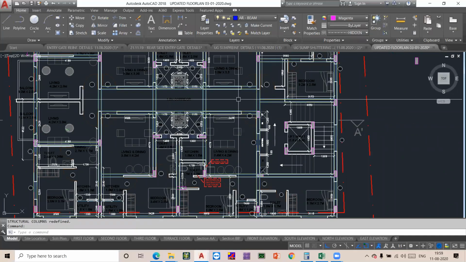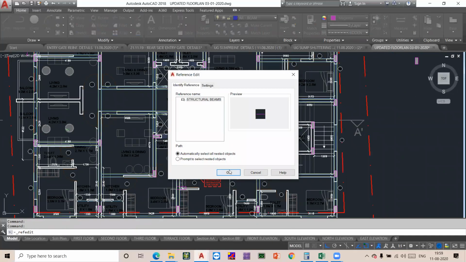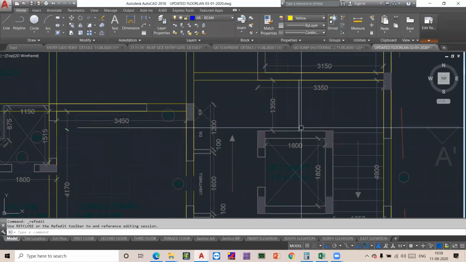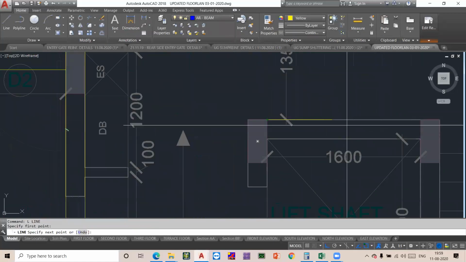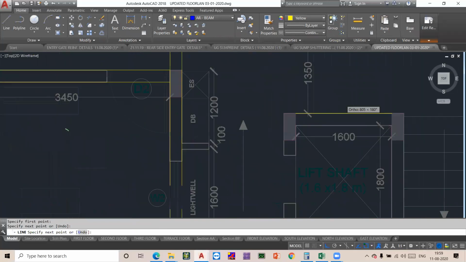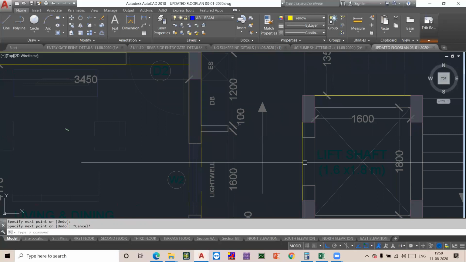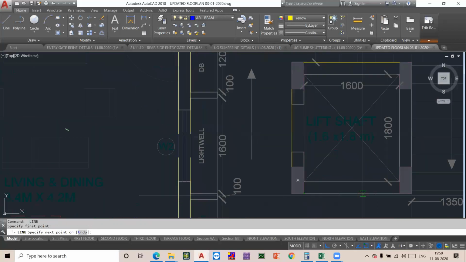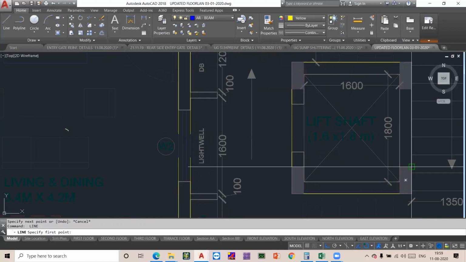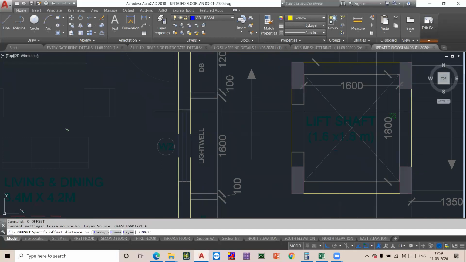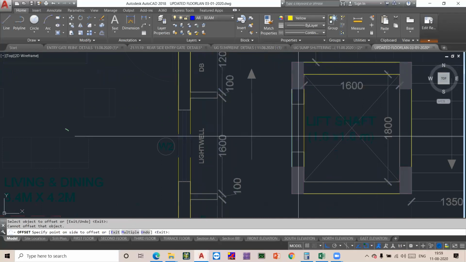Again, we are getting into the beam block. Offset everything. 200, 200, 200, 200.